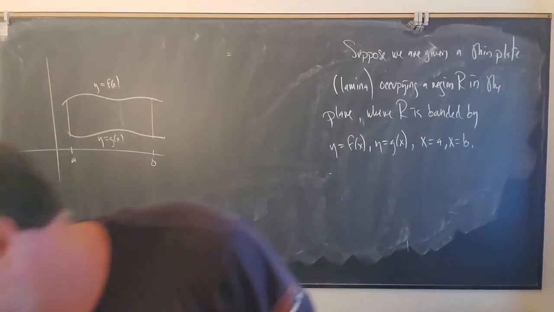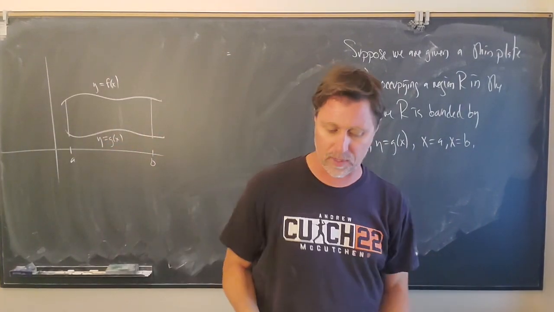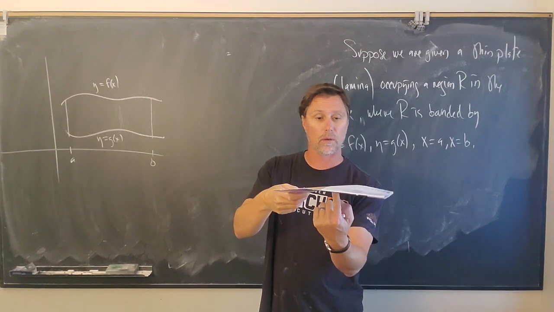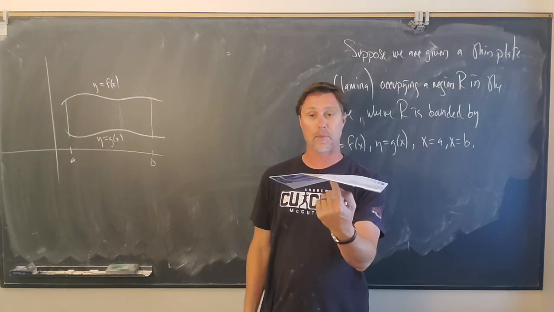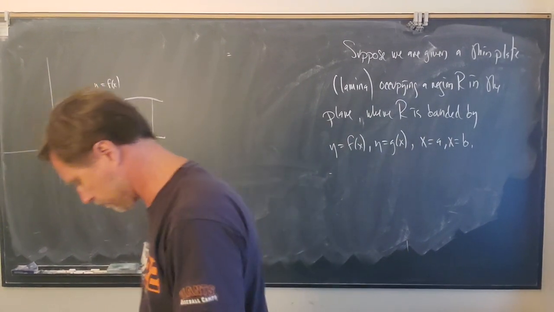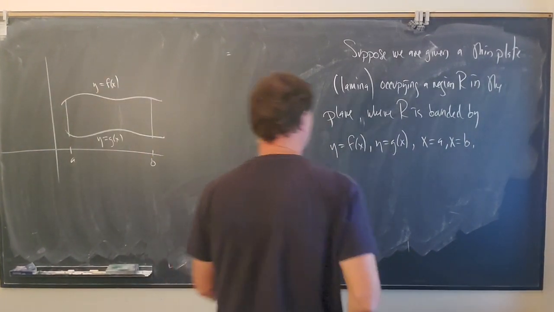And I don't really have a good prop here, but let's say if you got something like this, right? You're looking for the spot where you could put your finger and hold it and keep it balanced horizontally. Right, so we're looking for that balancing point.